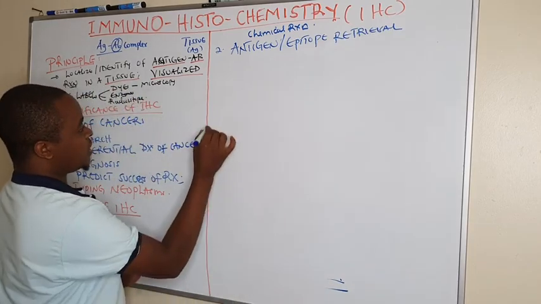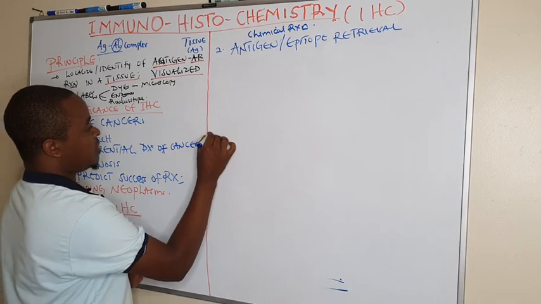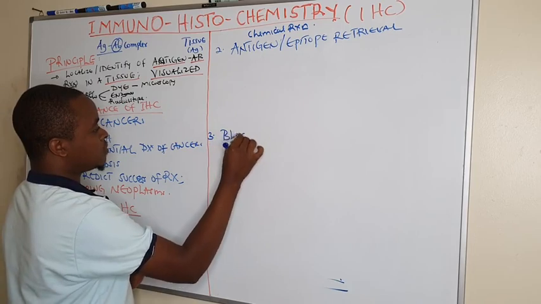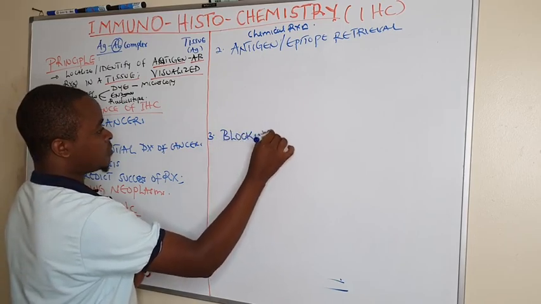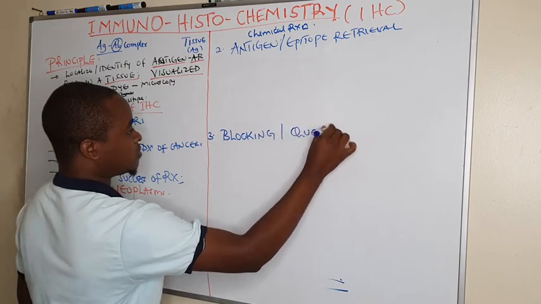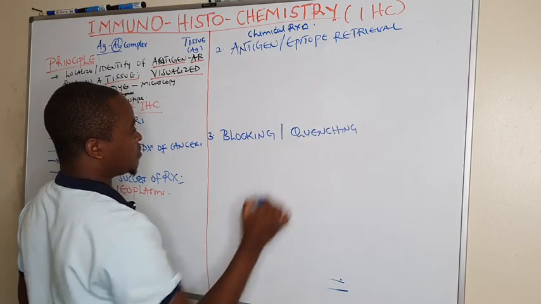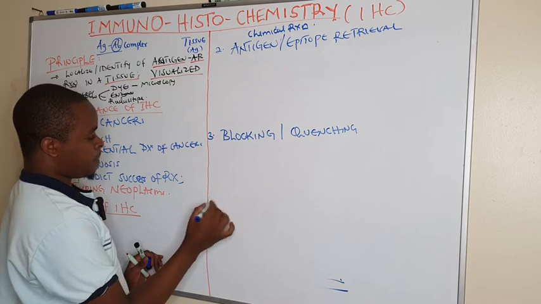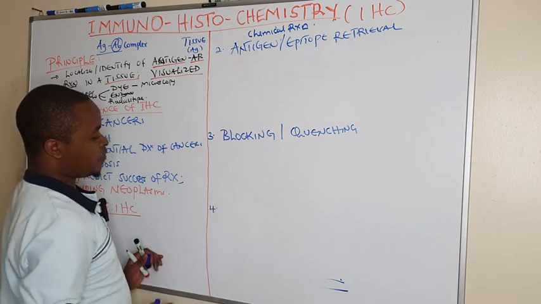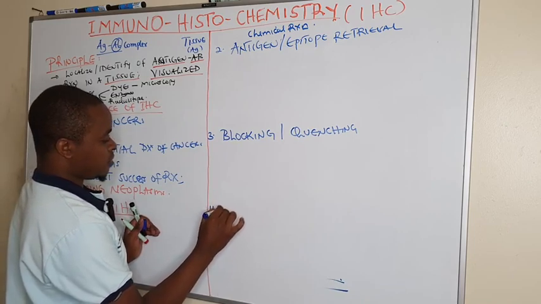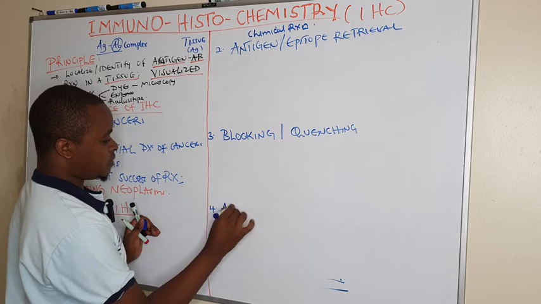From there, number 3 is going to be blocking, or you can call it quenching. Then number 4 shall be antibody staining.